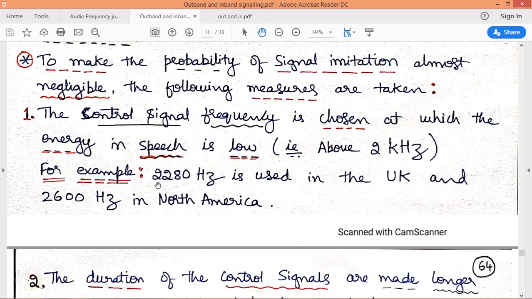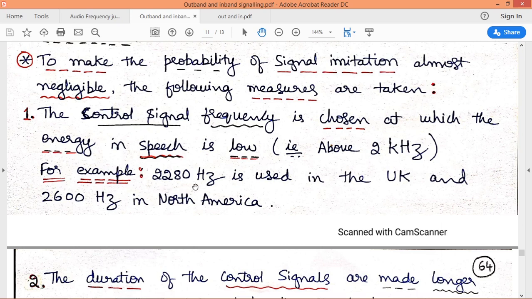Generally, 2.28 kilohertz or 2280 hertz is used in the UK, and 2.6 kilohertz or 2600 hertz is used in North America, which is above 2 kilohertz.